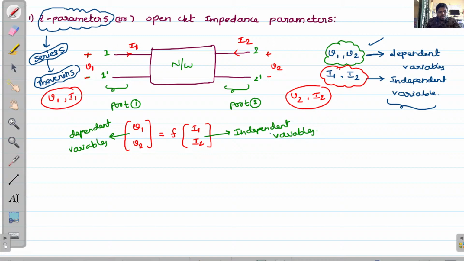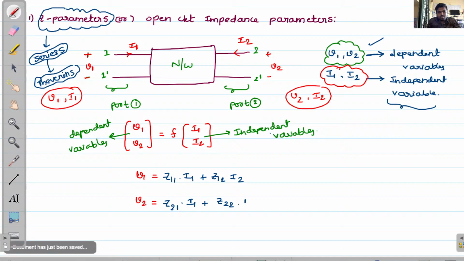Now here V1 equals Z11 into I1 plus Z12 into I2, and V2 equals, that means 1 to 2 impedance. In the next case, from port 2, Z21 into I1 plus Z22 into I2.